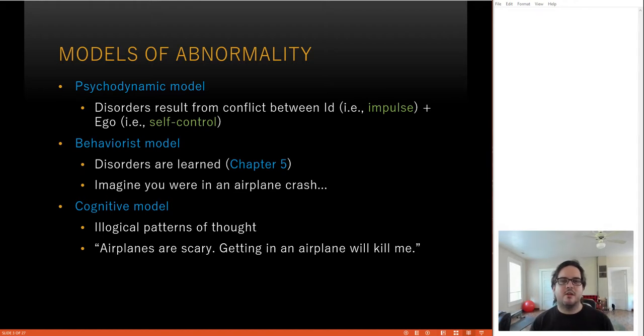Rather than focusing on these input-output, classical conditioning, operant conditioning models of learning, the cognitive model focuses on patterns of thought. So perhaps once you've already learned something, what are the thoughts that you have that lead into certain psychological issues or difficulties that you're experiencing?